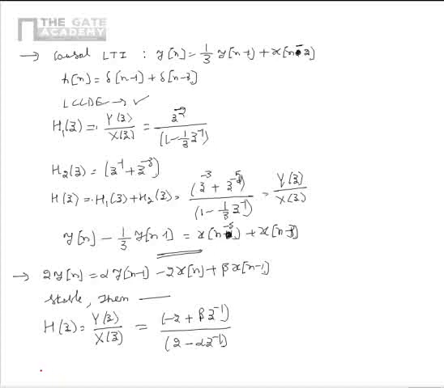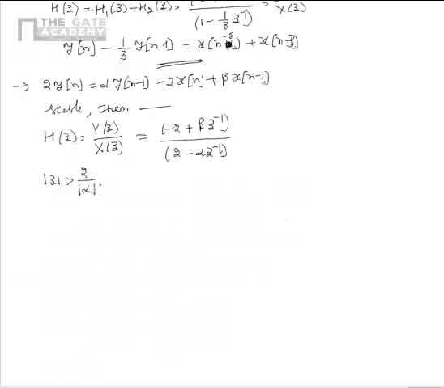From this, we see that the possible ROCs are mod z greater than 2 by mod alpha and mod z less than 2 by mod alpha. But it is given that the system is causal, so the second ROC is not a correct ROC. So the first ROC, that is mod z greater than 2 by mod alpha, is the correct ROC.